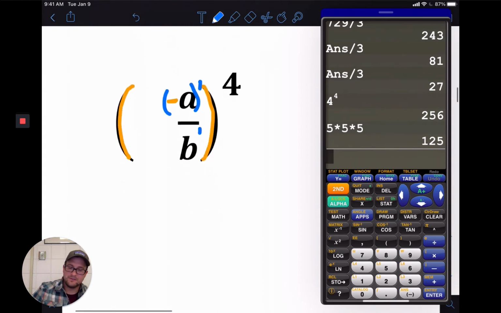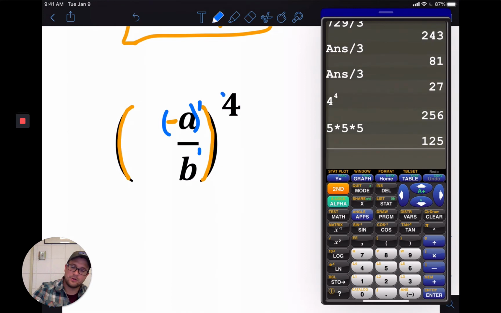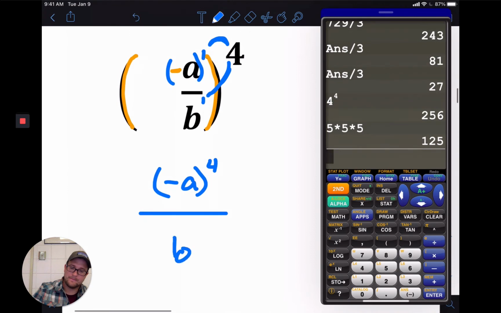Now, parentheses mean multiply exponents. So we're going to come over here and multiply the exponents we see. So we're going to get negative A to the fourth power over B to the fourth power. Now, looking at that, this is what we need to think to ourselves.